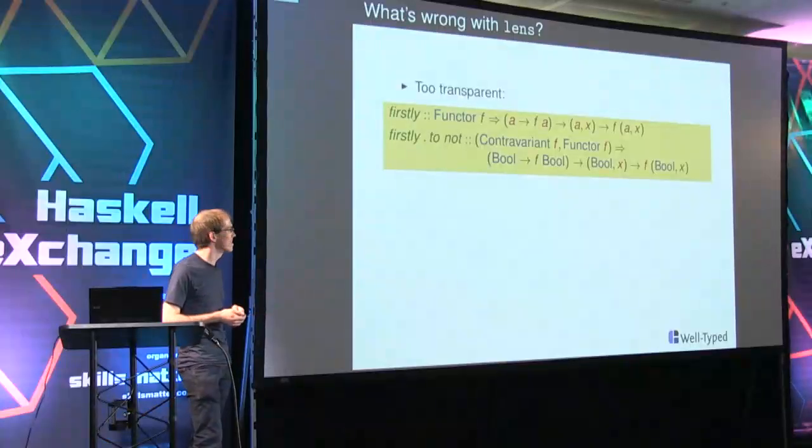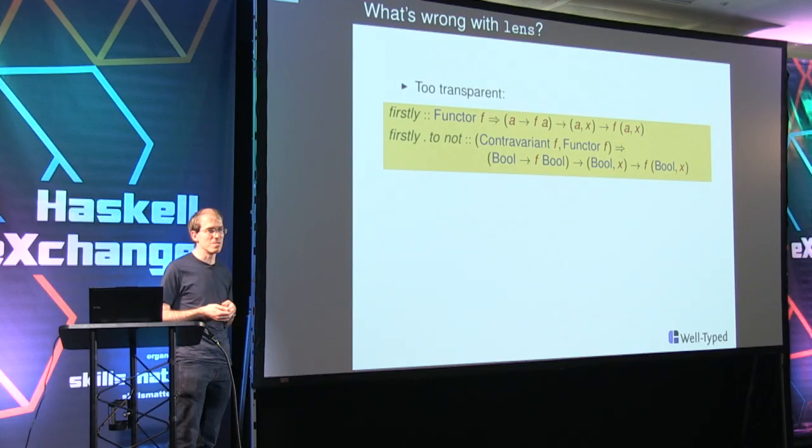So if I compose firstly with to not, as we established, if you compose a lens with a getter, we should get a getter back. But the inferred type I get is instead Contravariant f, Functor f, fat arrow, blah, blah, blah. So it's a shame that we don't get more of the abstract interface visible when we start working with these things.